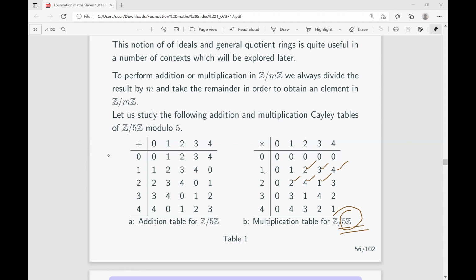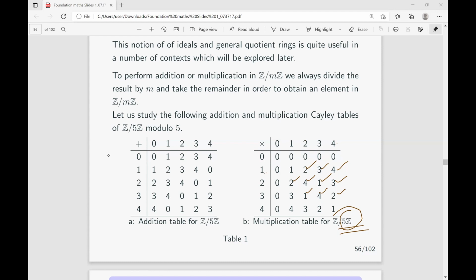Is that okay? Then 2 times 4, the remainder will be 3. That's what I wrote. Now, let's look at 3. 3 times 2, the remainder is 1. That's what I wrote. 3 times 3, what I'm writing is 4. Then 3 times 4, the remainder will be 2.